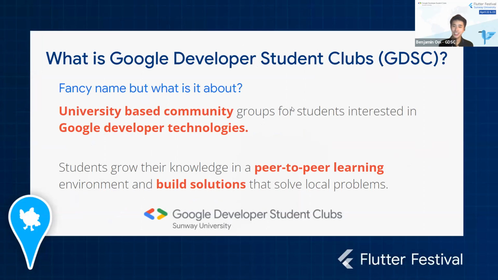All right, basically, as you all know, we are GDSC Sunway University. But what is GDSC? What is Google Developer Student Club? It's a very fancy name. There's the word Google in it. It carries a lot of weight to it. But what are we about? So basically, every GDSC chapter is a university-based community group for students interested in Google developer technologies.